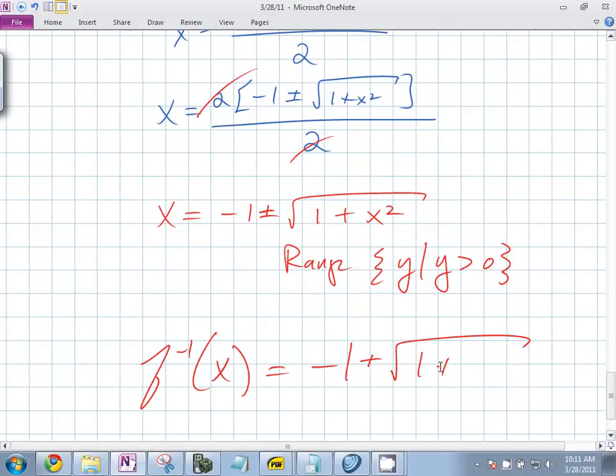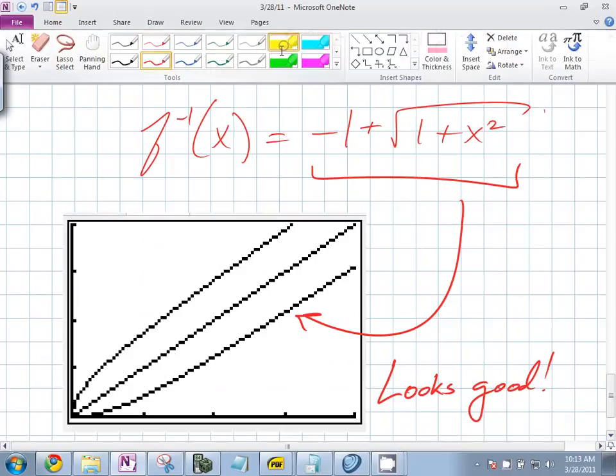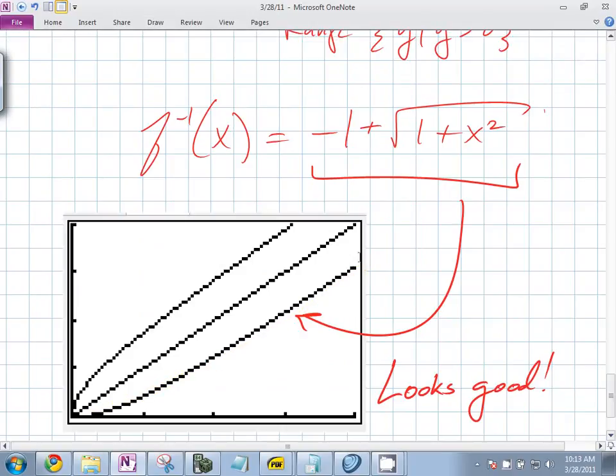So how can we test this? We can graph it. So 1 plus x squared is always going to be positive, right? Do you agree? Now I have a question for this. Why doesn't this graph go below the x-axis? Why isn't it negative? What's the smallest that could be? 0, right?